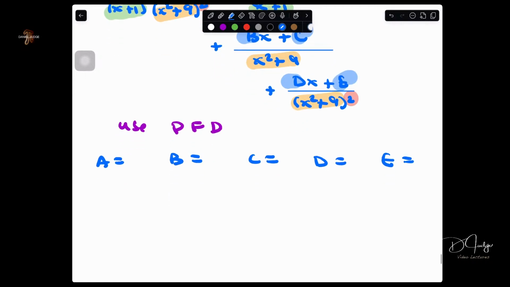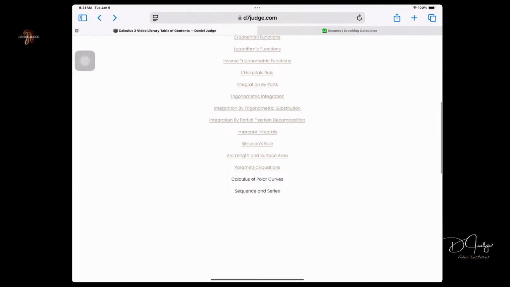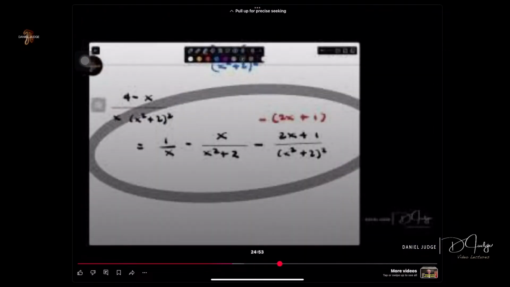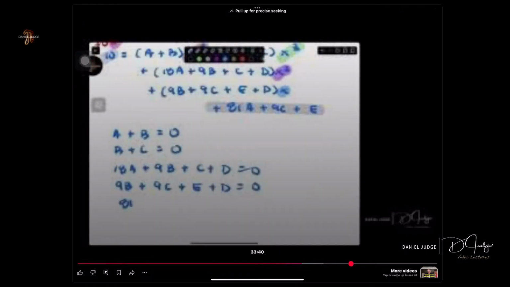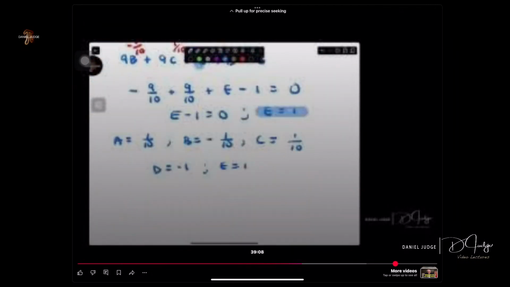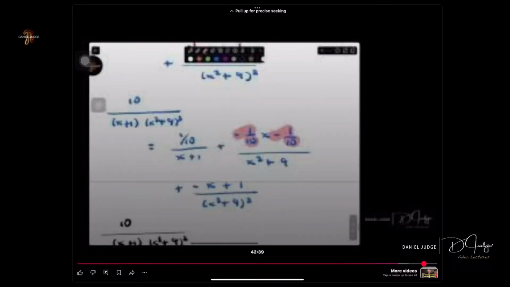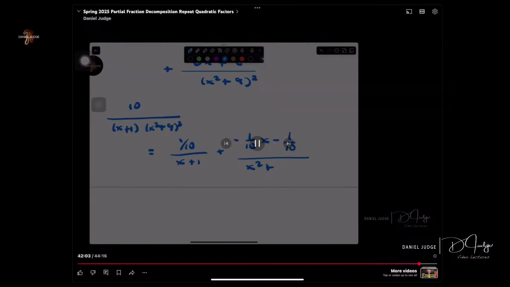And with this question, yet again, you can go back to the one I did already. Get the values of A, B, C, D, and E, so you can check that. Let's find out what these values are.